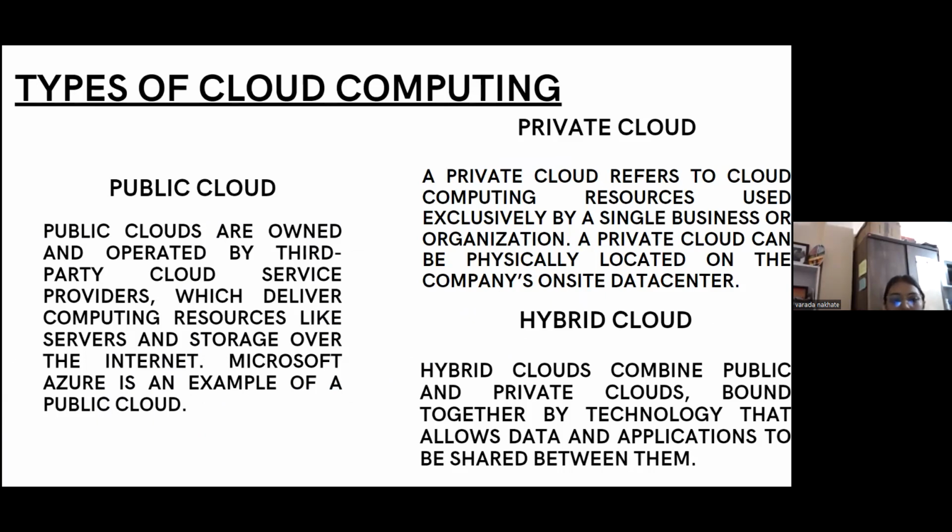They deliver resources such as servers and storage, etc. Microsoft Azure is an example of it. The private cloud refers exclusively to a single business or organization. It can be located in a particular company's data center. Hybrid cloud is a combination of public as well as private cloud.